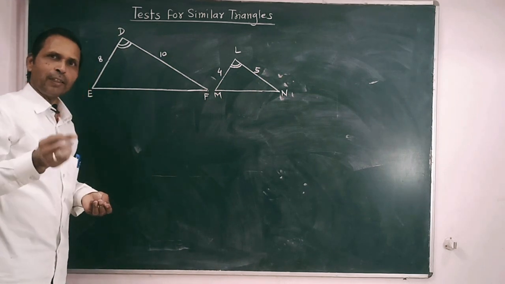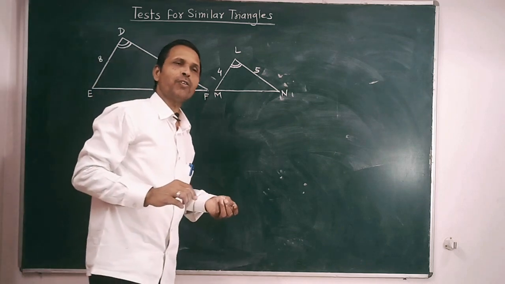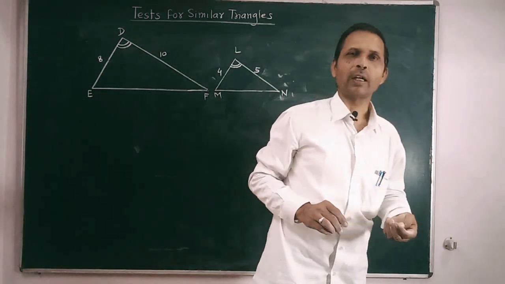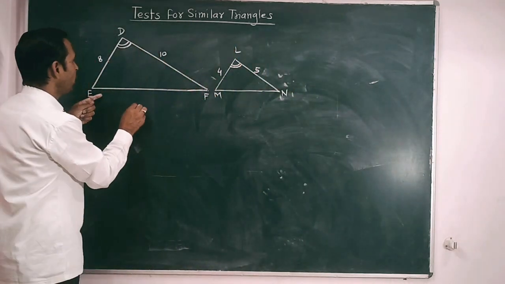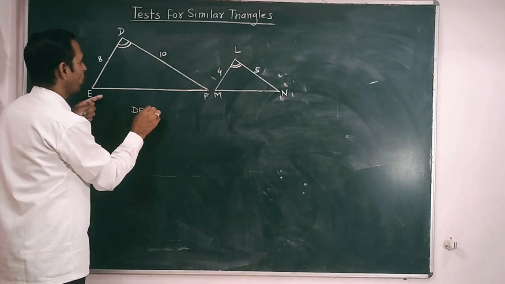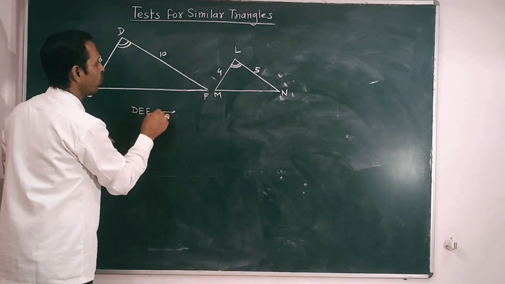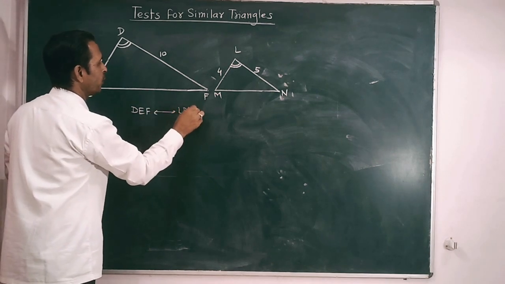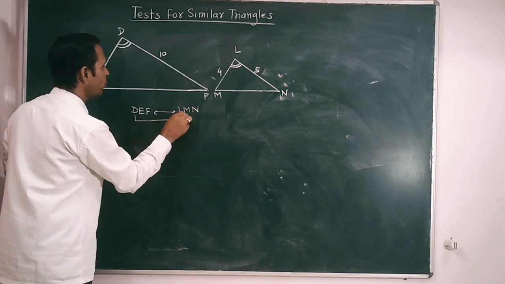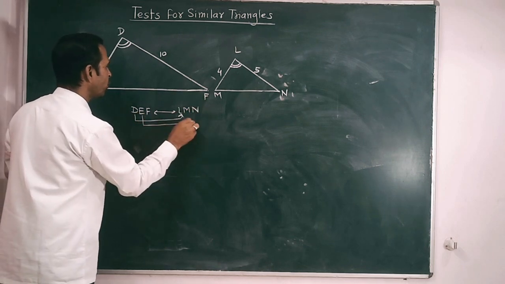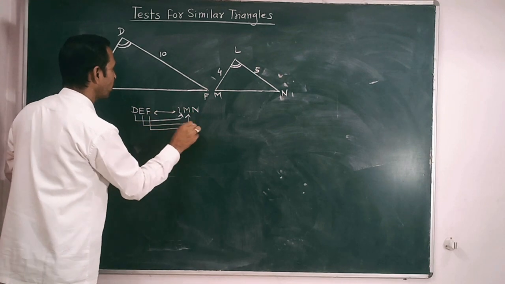Now if you make the one-to-one correspondence between the vertices of the triangle, that is DEF corresponds to LMN. Now D corresponds to L, E corresponds to M and F corresponds to N.